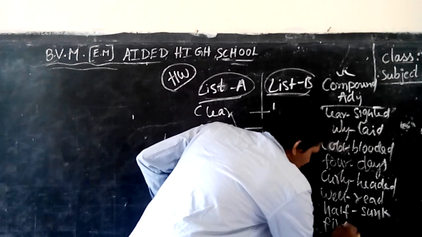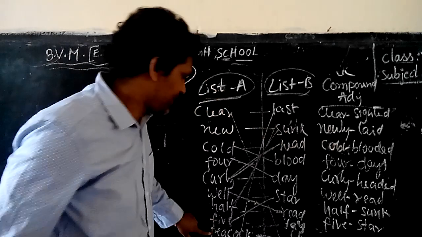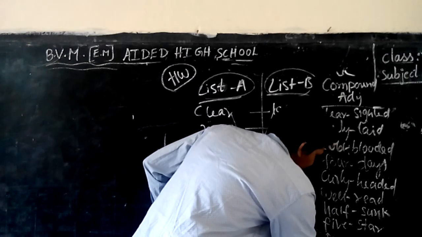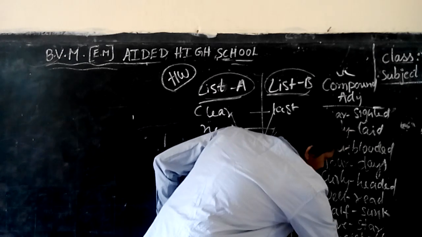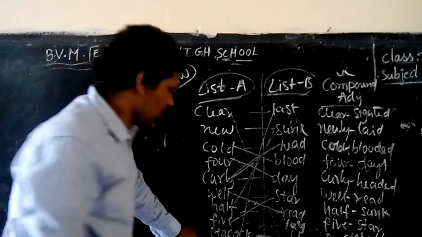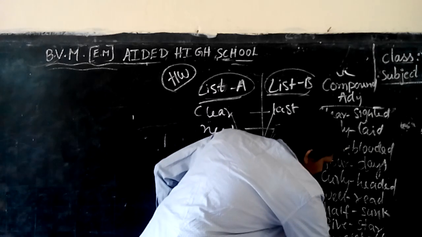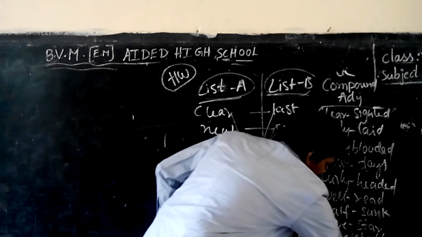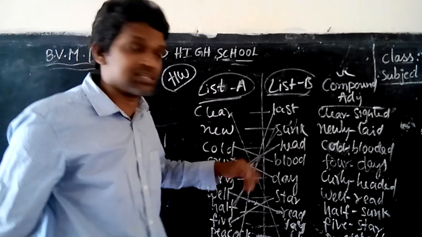5-star. So I am writing the answers for you. Peacock blue. And next one, long lasting. So I know how to do the homework, that's why I am only writing the answers here.